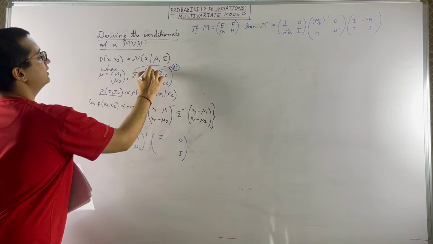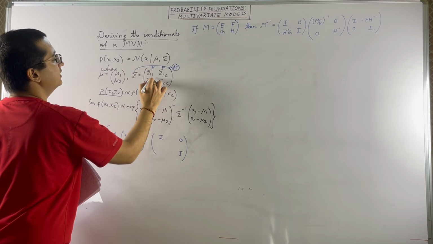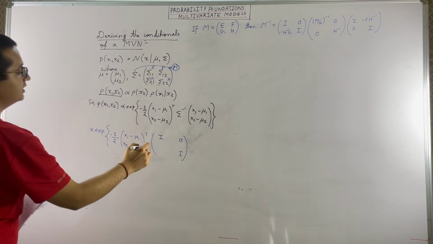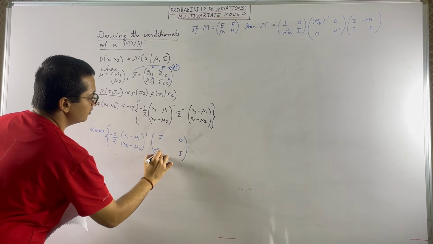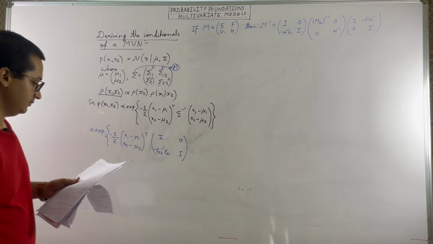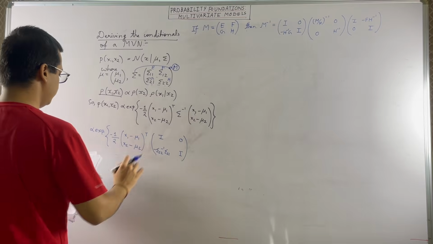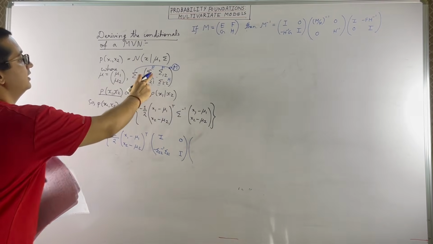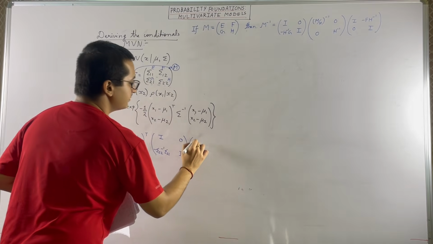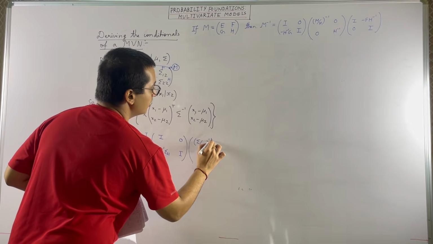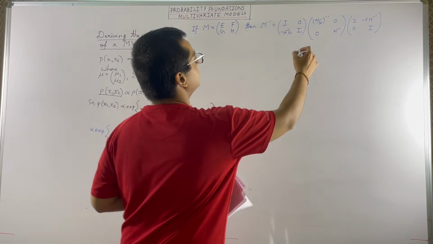If you see, this is E, this is F, this is G, this is H, so minus H inverse G is minus sigma 2 2 inverse sigma 2 1, correct? And then what is M by H? Sigma by sigma 2 2 inverse.